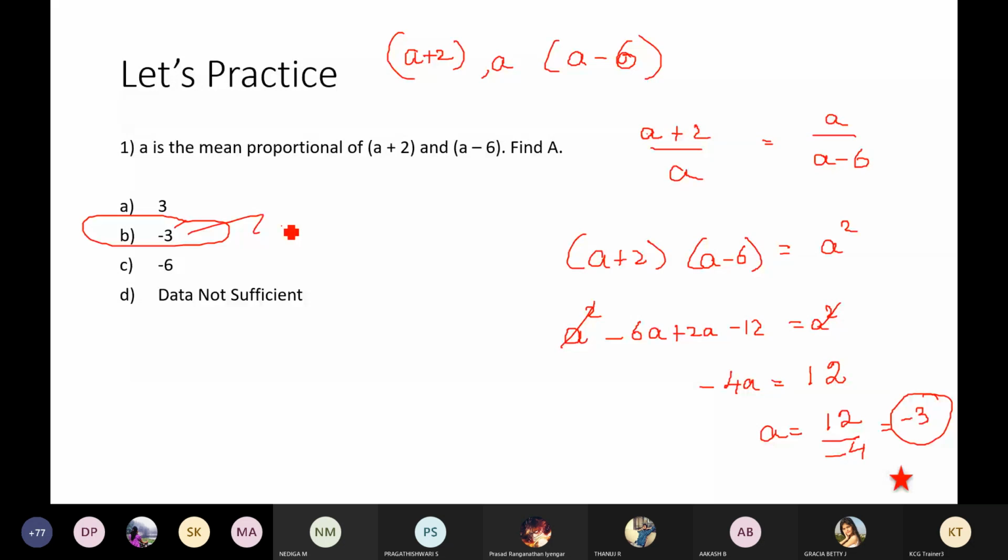Clear, everyone? Clear with this question also? Very good. Now try to answer this question now fast.